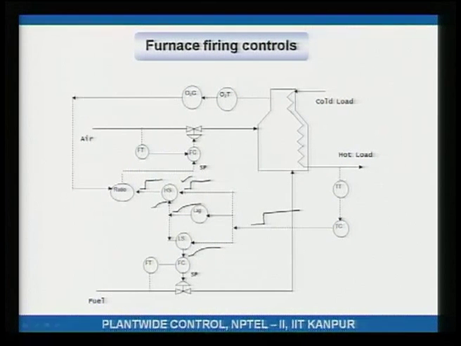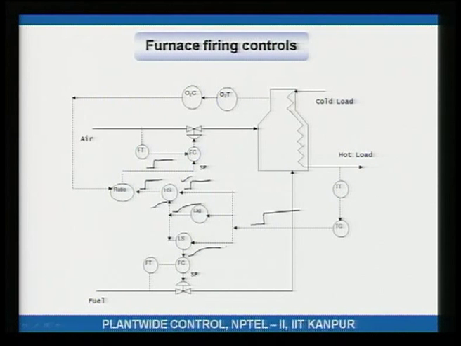So, you are essentially saying increase the air flow like a step, multiply it by whatever is the set point that you want, the air fuel ratio that you want. So, therefore, this goes up as a step. So, the flow set point to the air flow controller increases as a step, while the flow set point to the fuel flow controller increases as a lag. Okay.